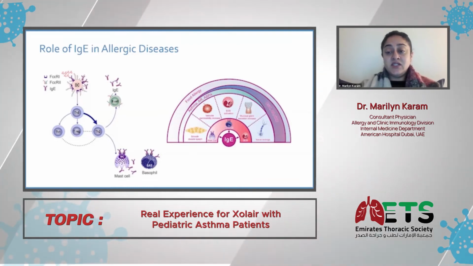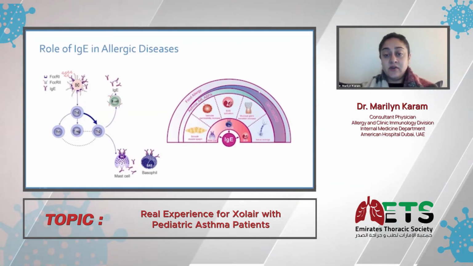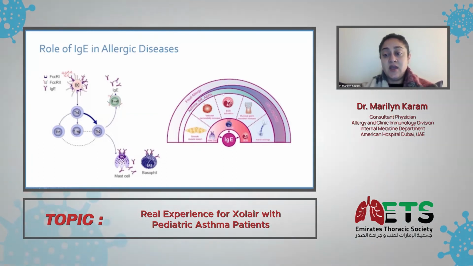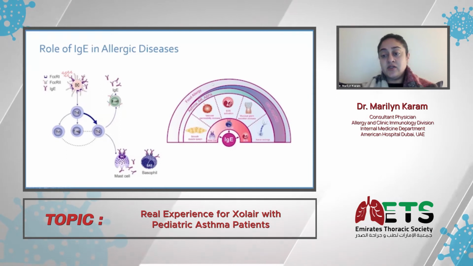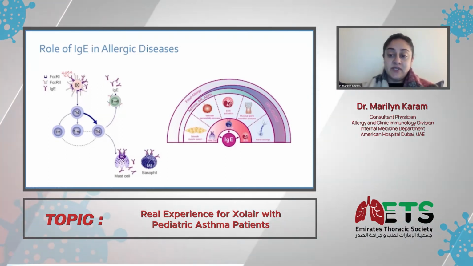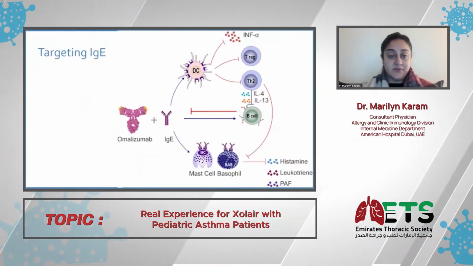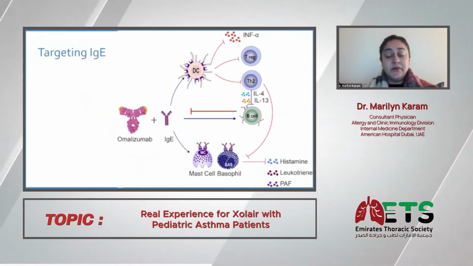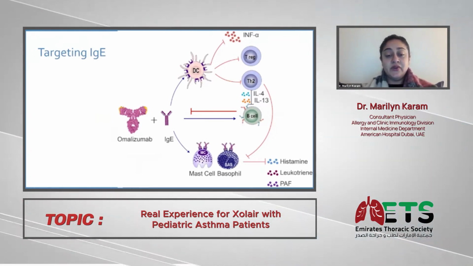And all of these changes are at the basis of several allergic diseases, as you can see here: asthma, allergic rhinitis, ABPA, food allergy across the board, and then on your right hand, the chronic spontaneous urticaria and dermatitis.